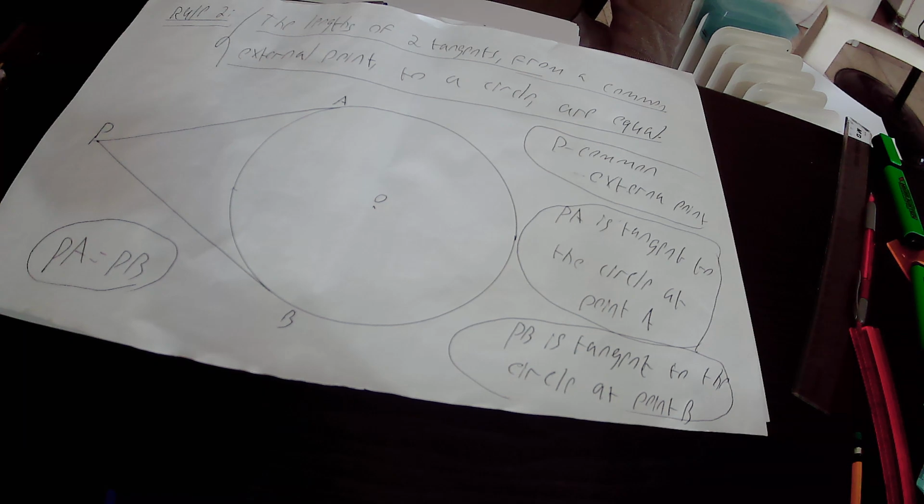According to rule 2, they are equal to each other, that is to say, PA equals PB. So whenever you draw two tangents to a circle from a common external point, the lengths of the two tangents must be equal. In this case, PA equals PB.